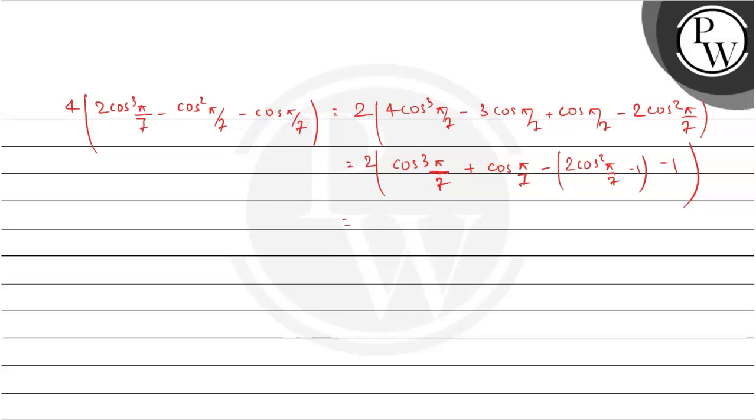This would be equal to twice of cos of 3 pi upon 7 plus cos of pi upon 7 minus cos of 2 pi upon 7 minus 1. Now I'm going to make a slight change to this cos of 3 pi by 7.